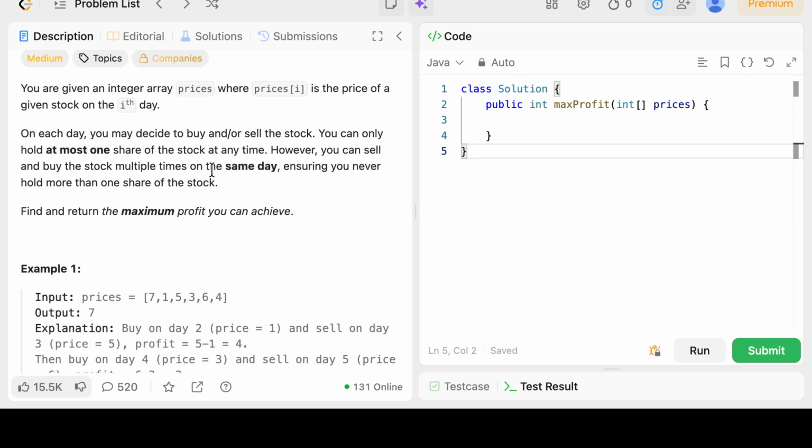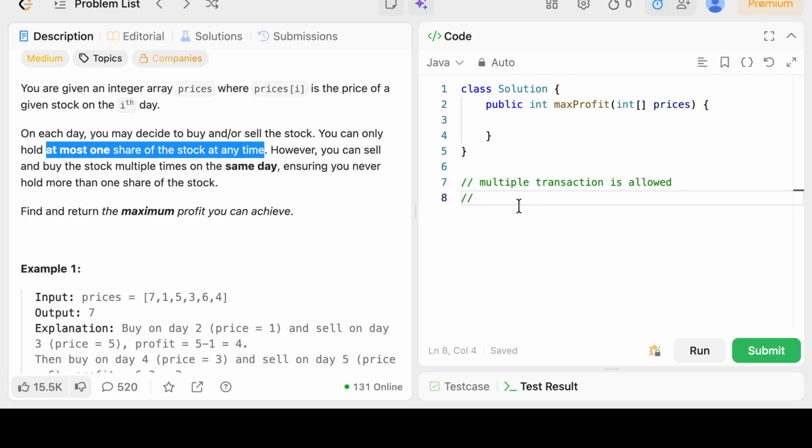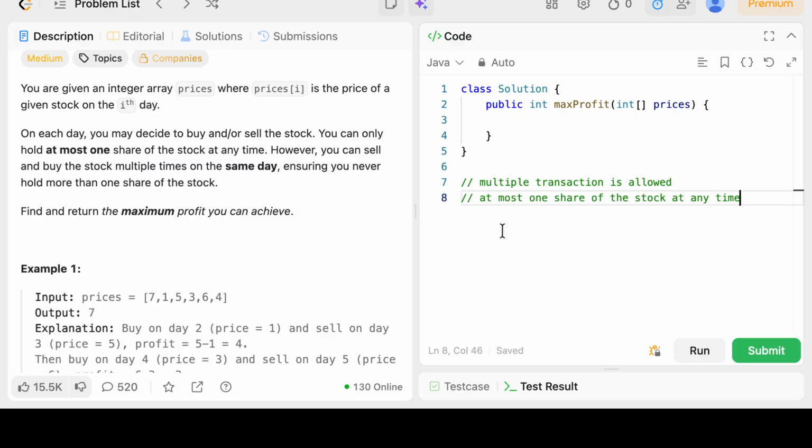But in this case, we are allowed to make multiple transactions, as many transactions as we can do. But there is a condition: we can hold at most one share at any time.